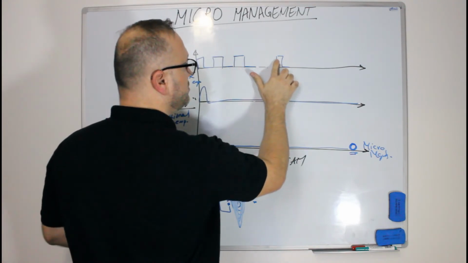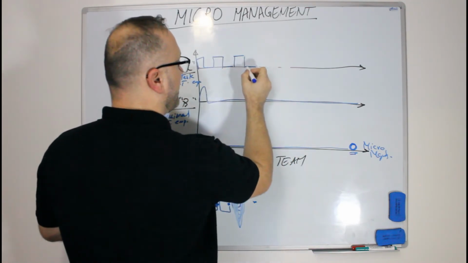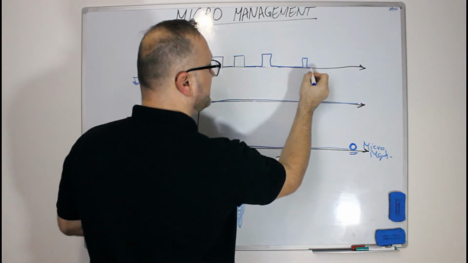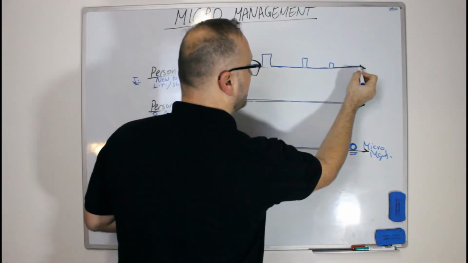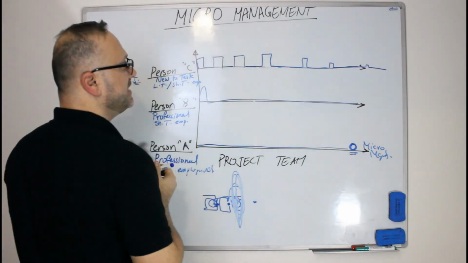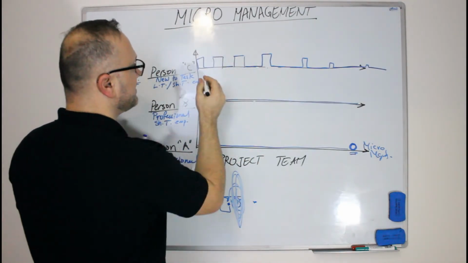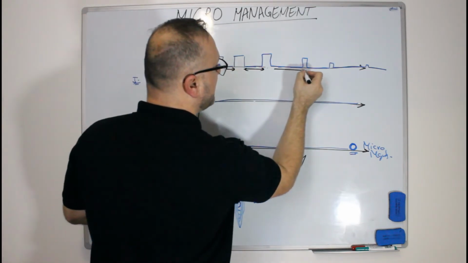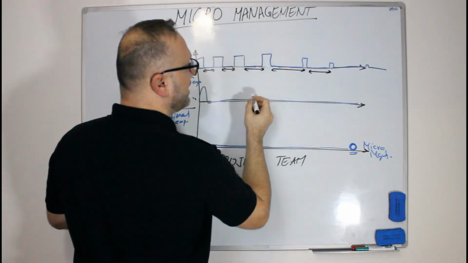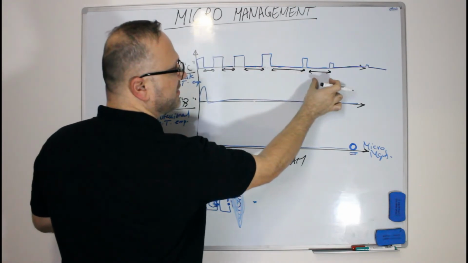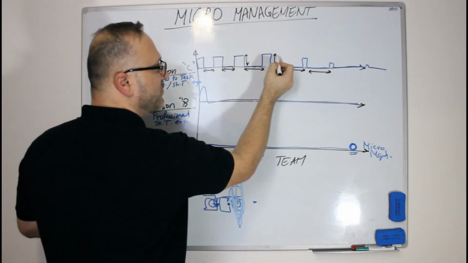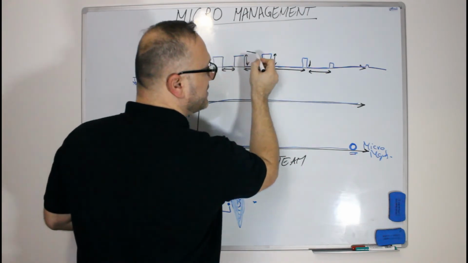Look what I will do here. The pulses should be at more intervals, and it's less and less and less. Meaning that the time between the micromanagement is longer, and the type of micromanagement is even shorter.